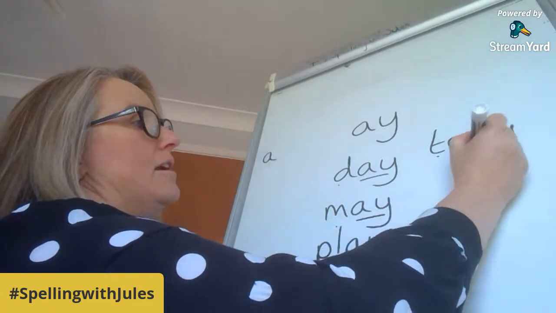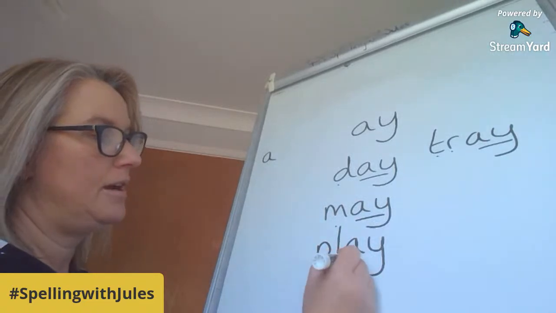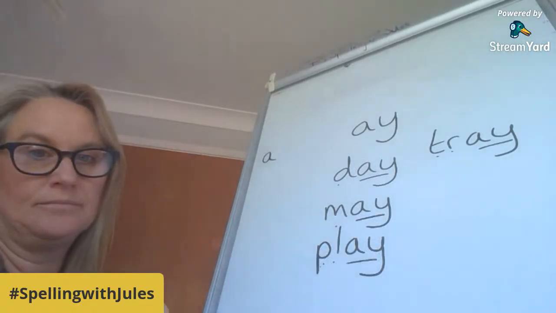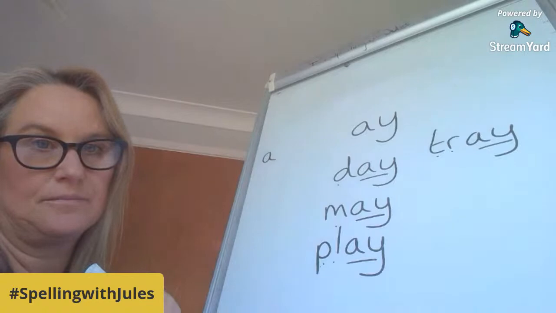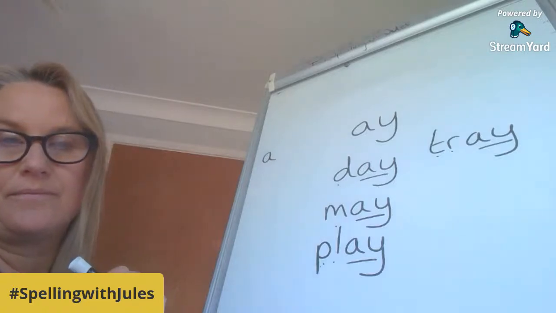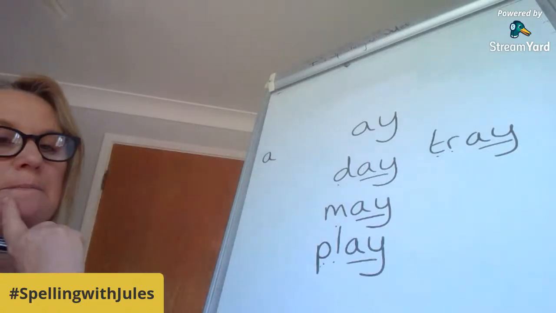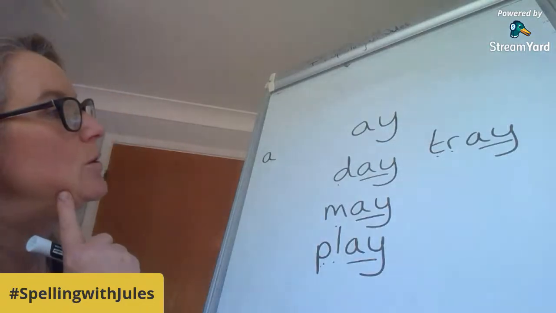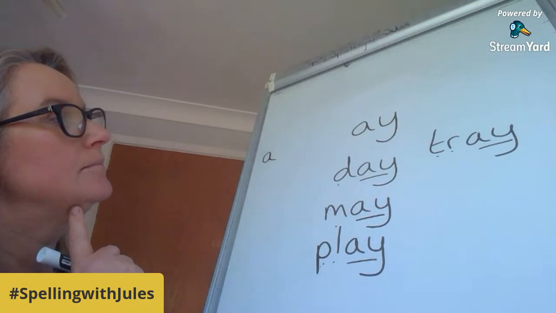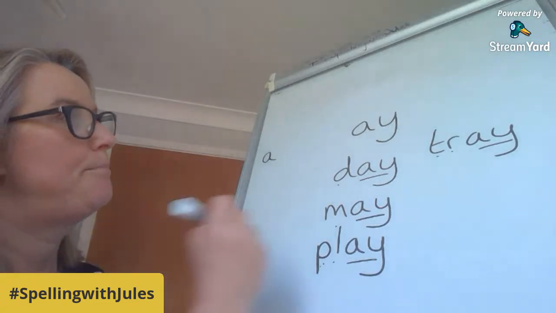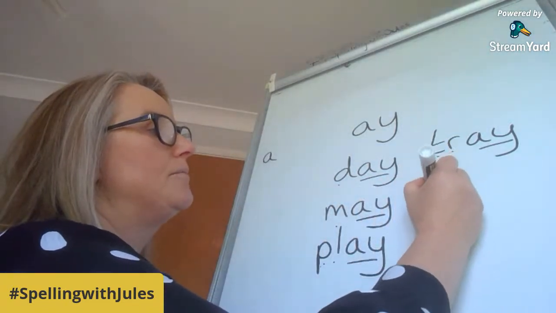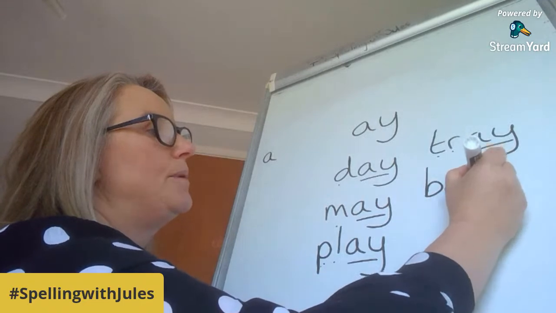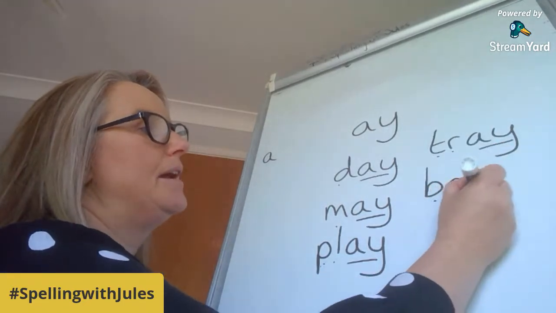A. Can you think of any others? Maybe think of an animal or something. Bay is another one. And the dock of the bay. But a.